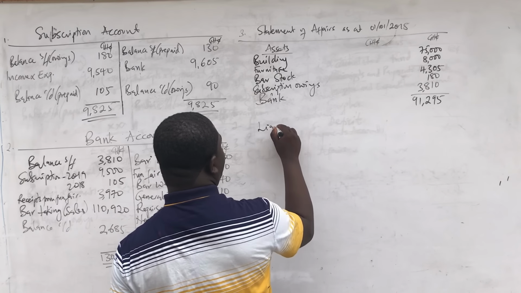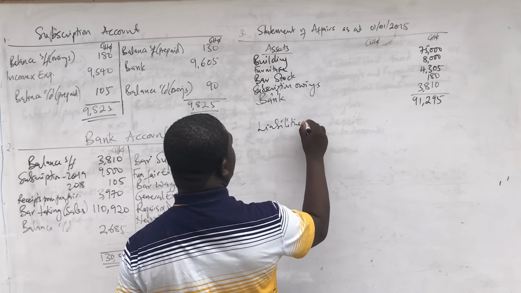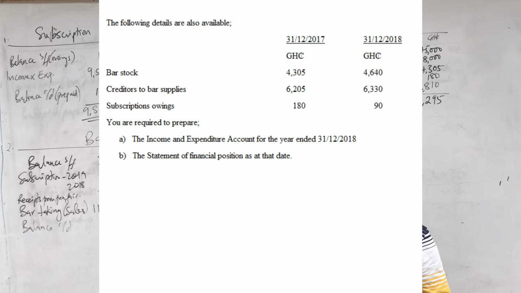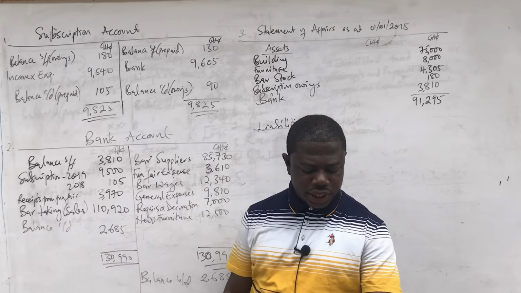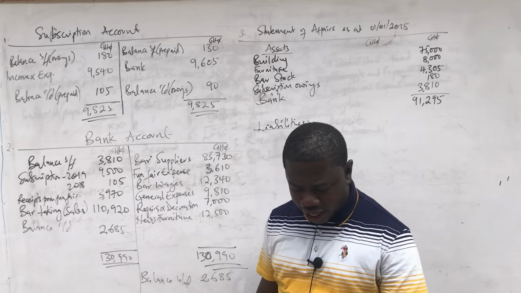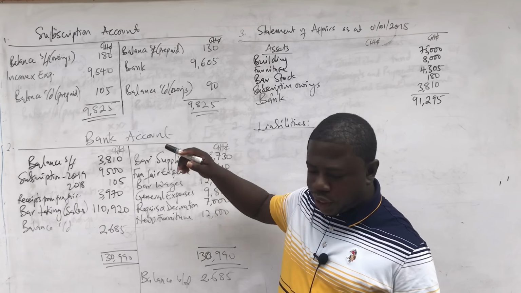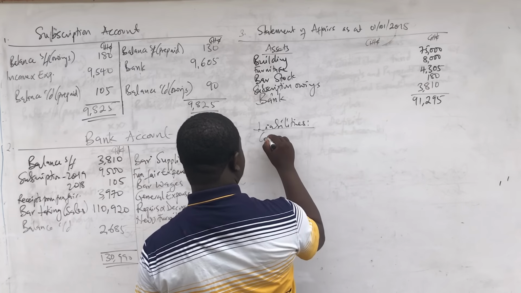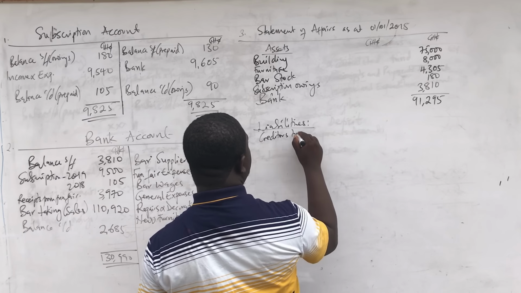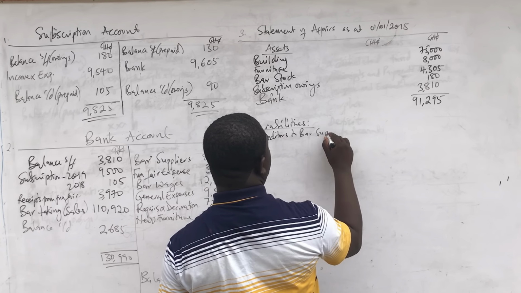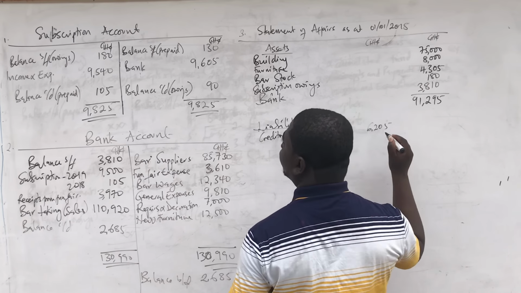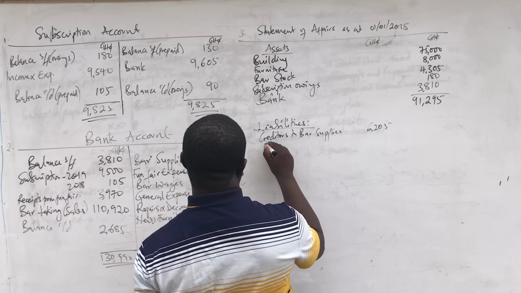And then we take out our liabilities. So when we take out our liabilities, what are the liabilities that we have? We have the creditors to buy supplies, which is also a liability at the beginning, 6,205. And then also subscription prepaid will also come as a liability.